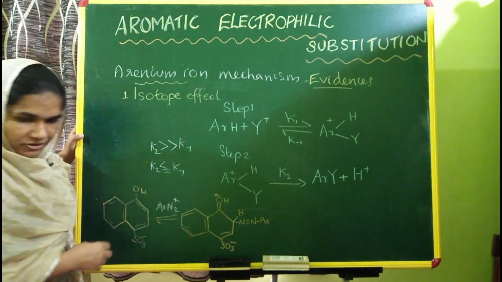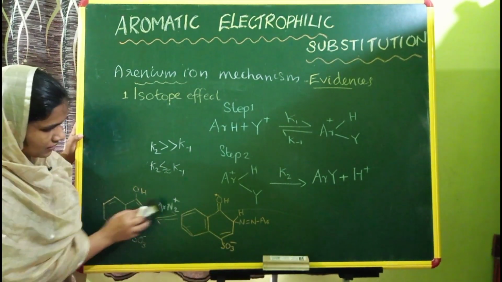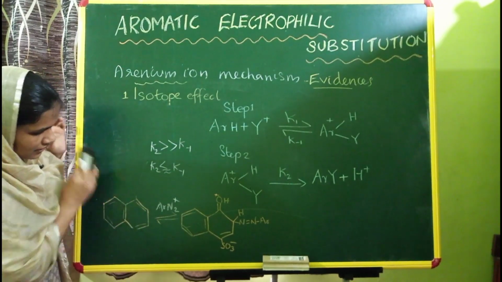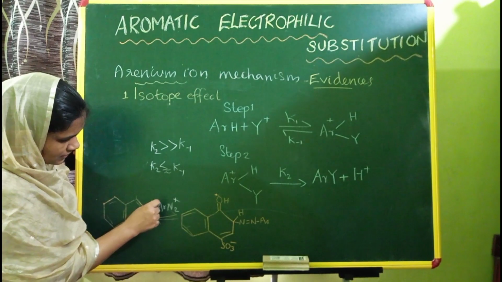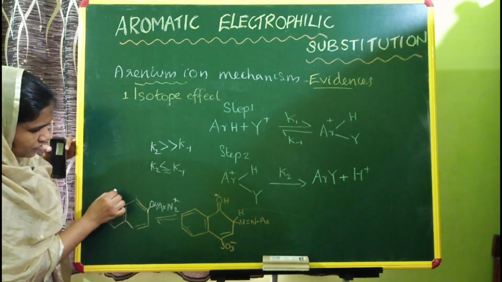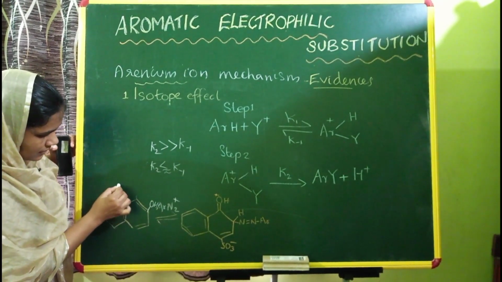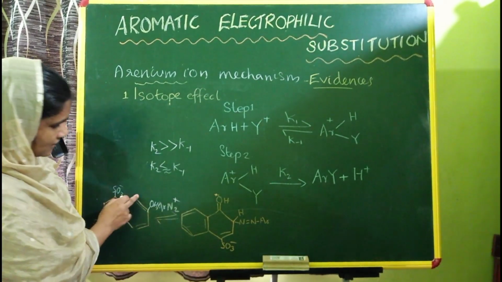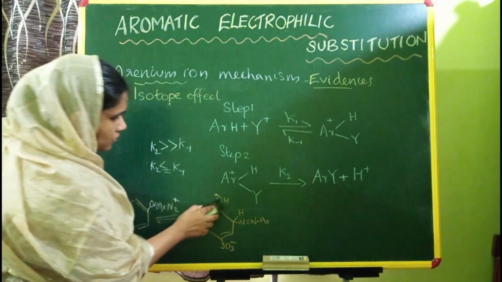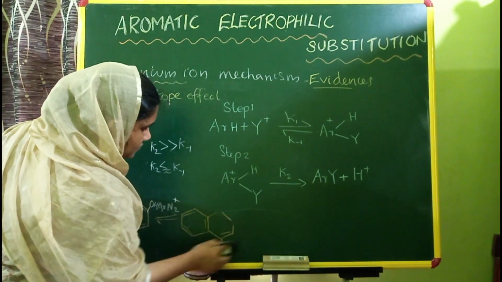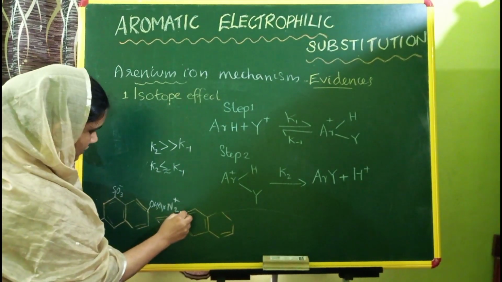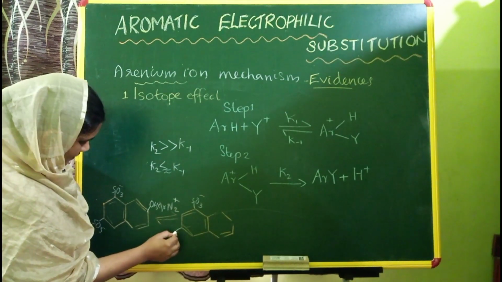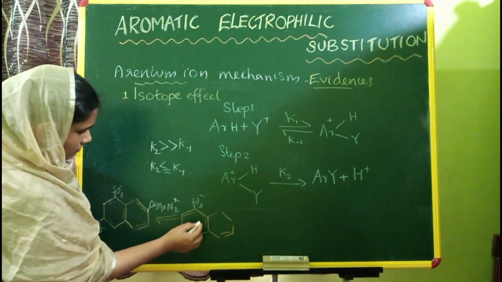Now if instead of this compound we use this compound, that is OH here, and SO3- here and here, then substitution takes place, and our intermediate is like this, with SO3- here and here.